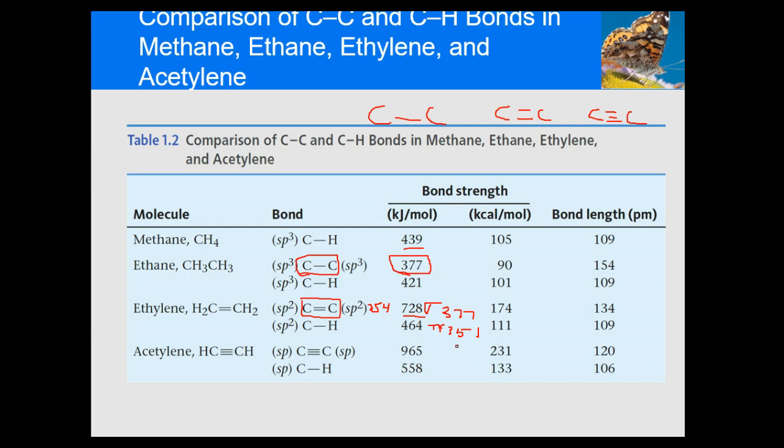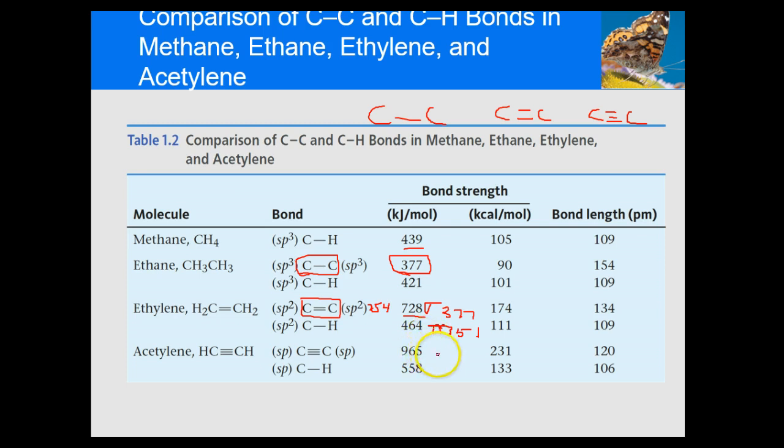That might not seem like a lot, but it actually is quite a bit. All right, and that's important because the pi bond is a weaker bond, and we're going to talk about that. Carbon with double bonds can easily do chemistry. All right, you can actually do a reaction on a carbon double bond. Carbon single bonds do not do a lot of reactions.